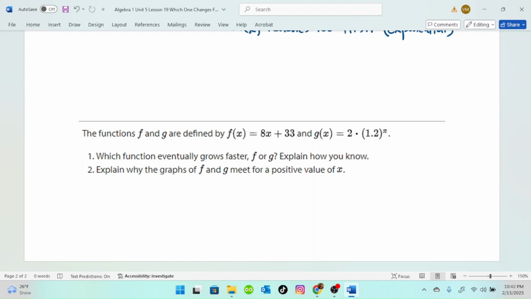So what you need to realize is that f of x is in the slope-intercept form for a linear equation. g of x is in the format for an exponential equation, y equals a times b to the power of x.